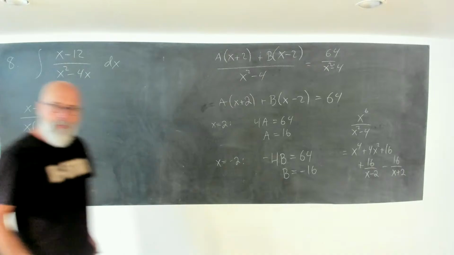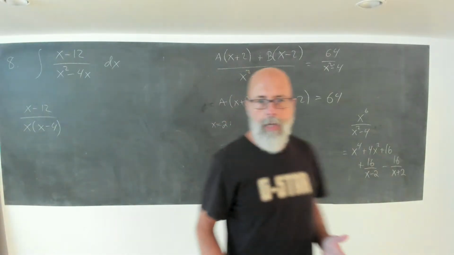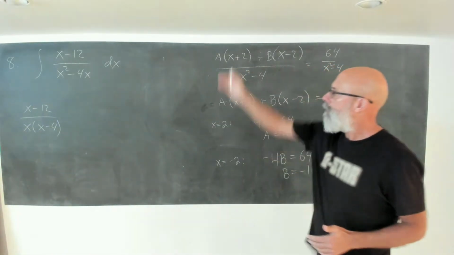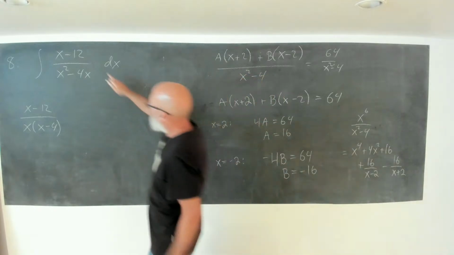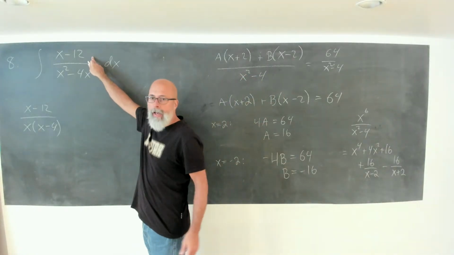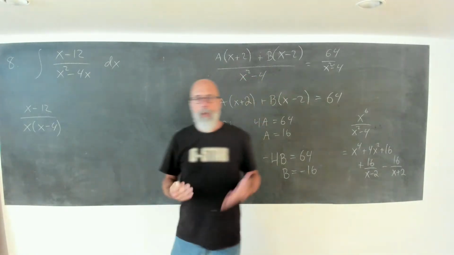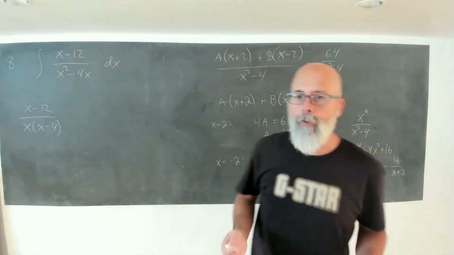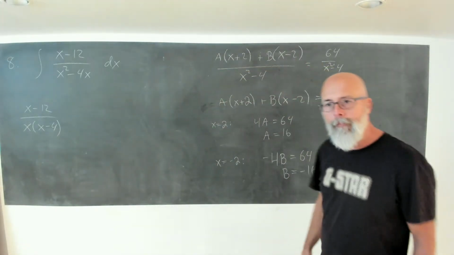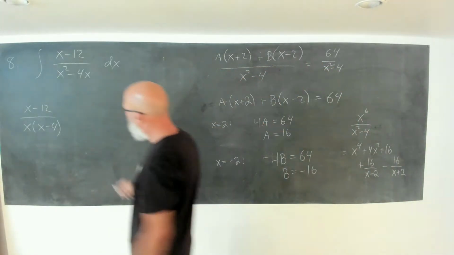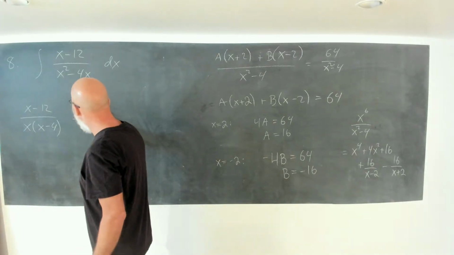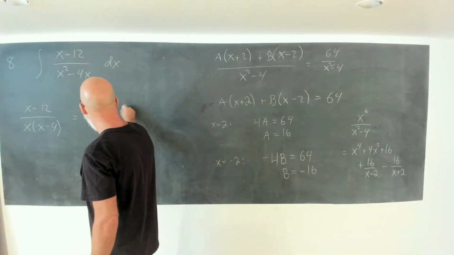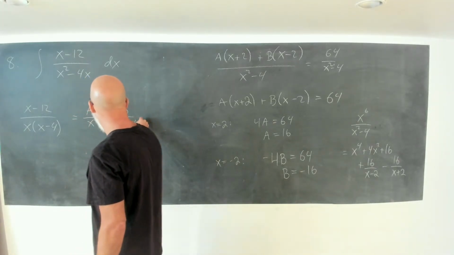The denominator factors easily as x times x minus 4. And originally, you had a degree 1 over degree 2, so you're already in partial fraction form. You're good to go. So this decomposes as a over x plus b over x minus 4.